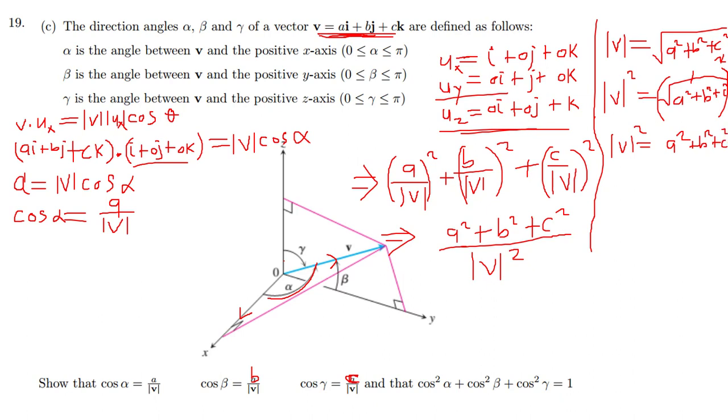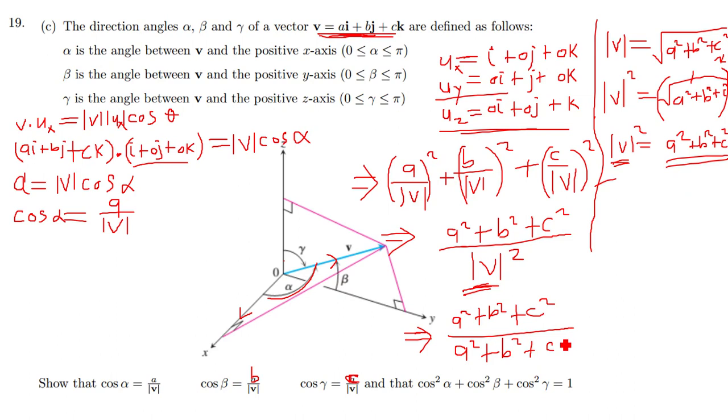So in this equation, we can replace this part with that. We have a squared plus b squared plus c squared on top, and then everything divided by this part, which we have found to be the same.